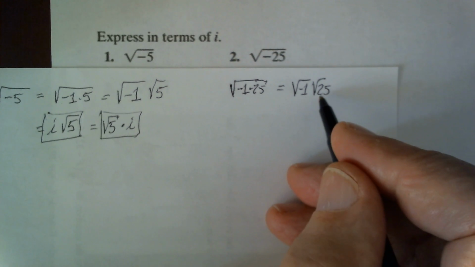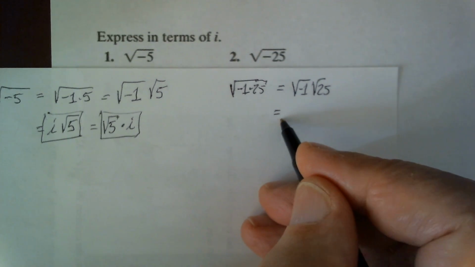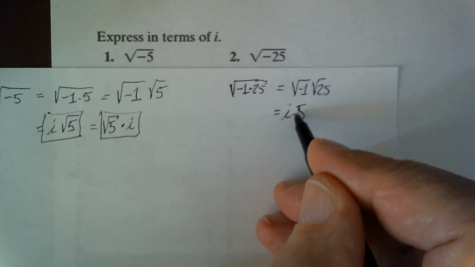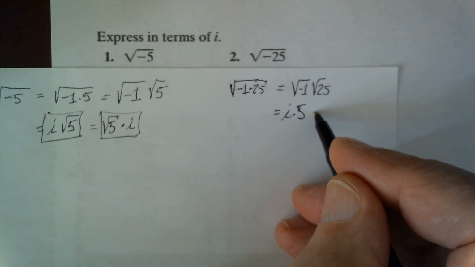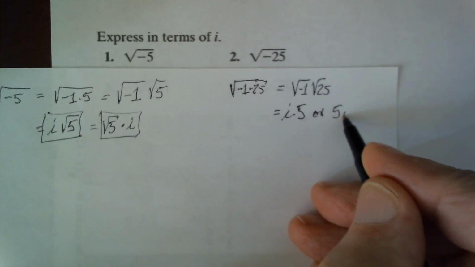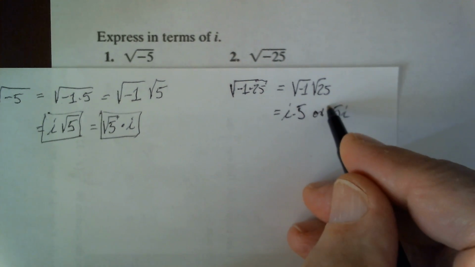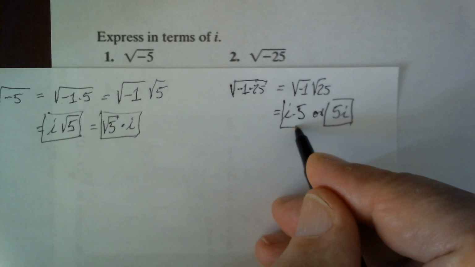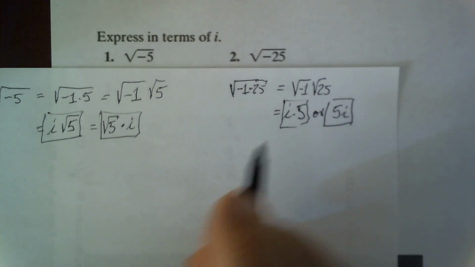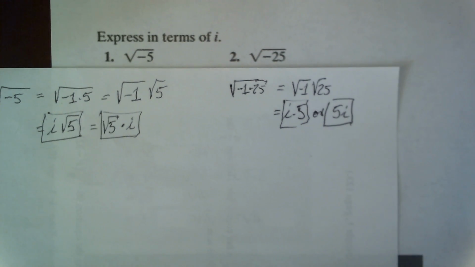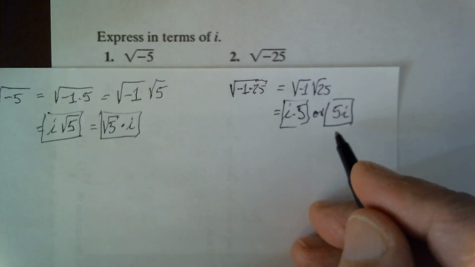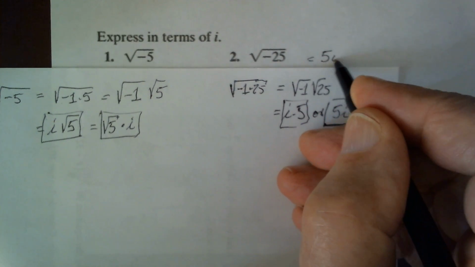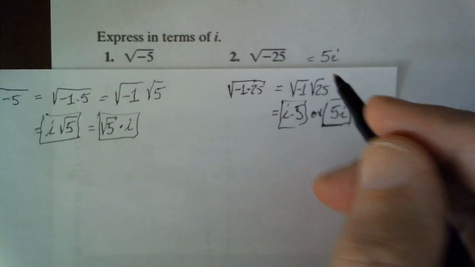And the square root of -1, of course, is i, and the square root of 25 is 5, so it's i times 5, or 5i. So here's no confusion possible, so this would certainly be the preferred way of writing the result, but this is correct also. But this would be the preferred way of writing it, so 5i.